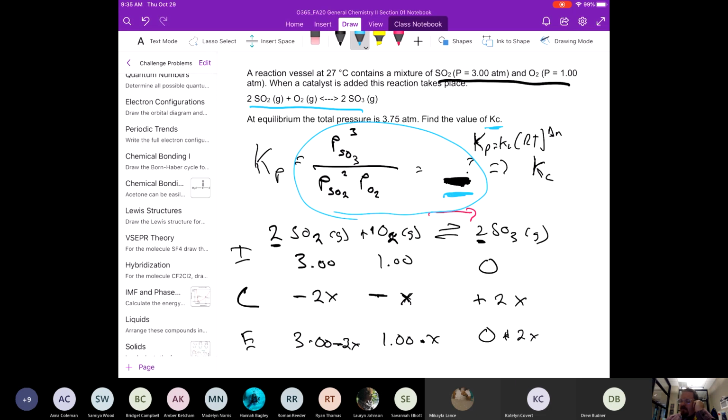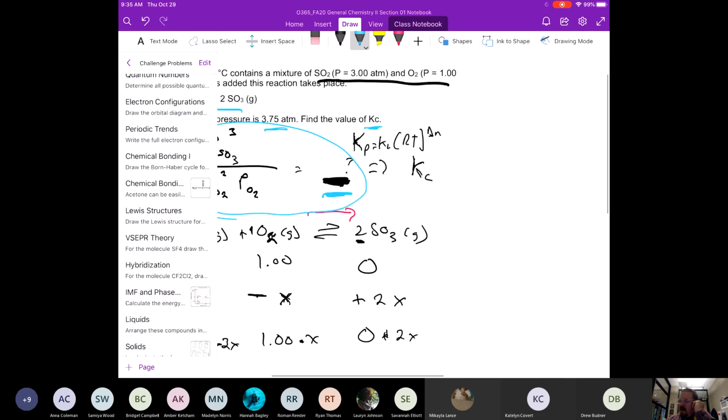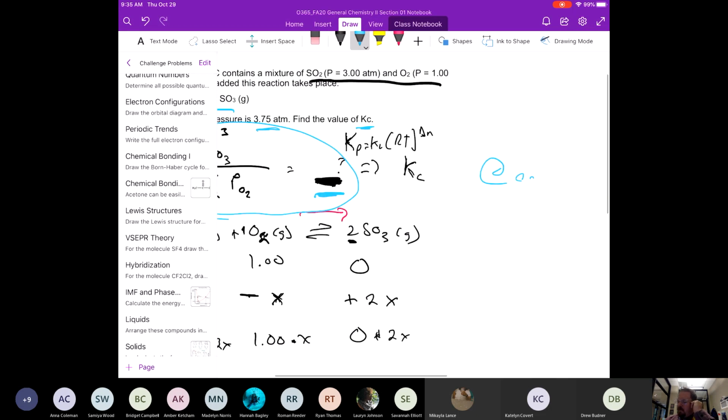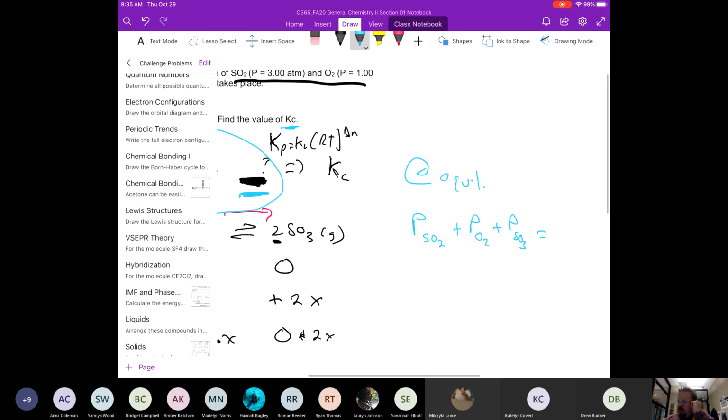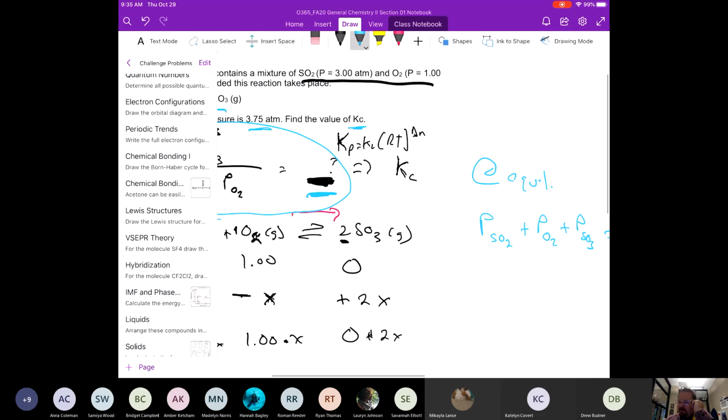That comes from this here. We can say that at equilibrium, the pressure of the SO2 plus the partial pressure of the O2 plus the partial pressure of SO3 has to equal the 3.75 atmospheres, this value here.